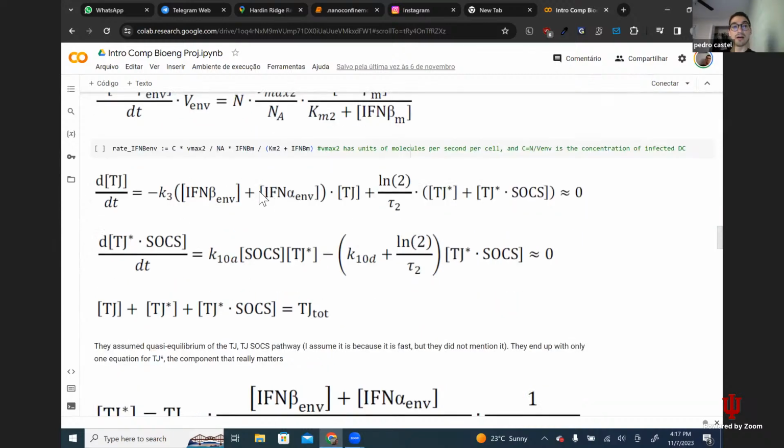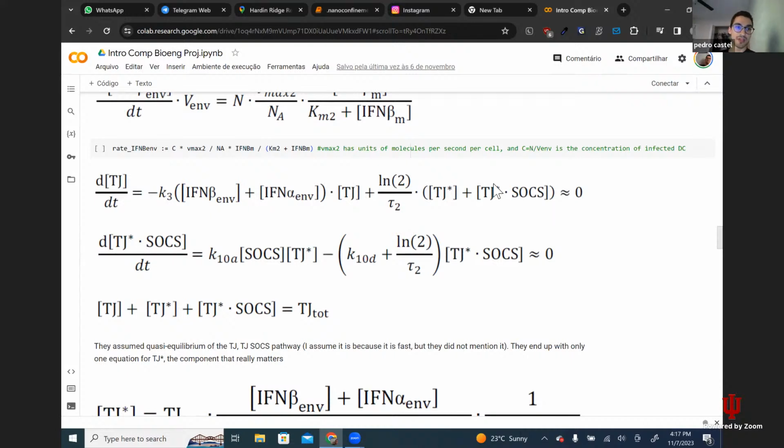For the TJ SOX sensing part of the interferon pathway, they use a technique that I think is worth showing you guys, which is basically writing the rate equations and saying it's 0. Basically they're assuming these equations are much faster than the rest of the network.